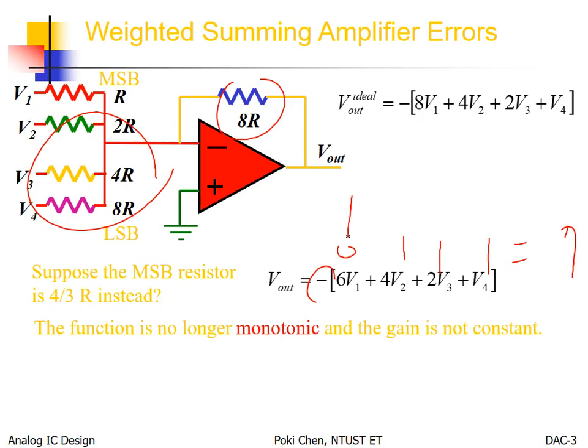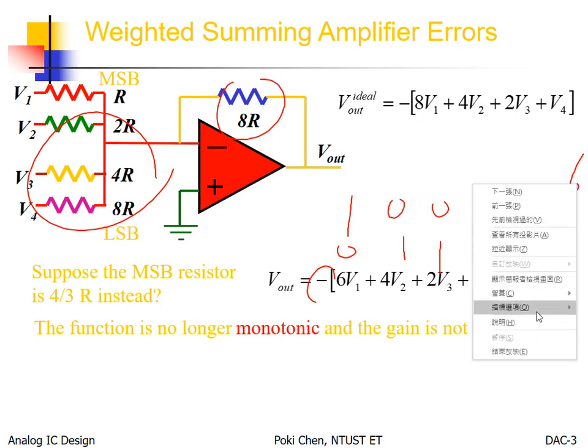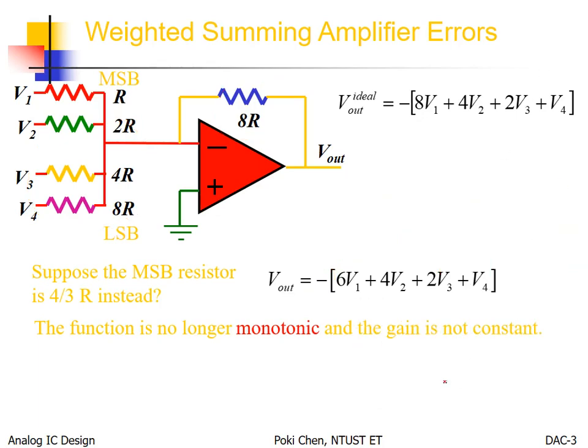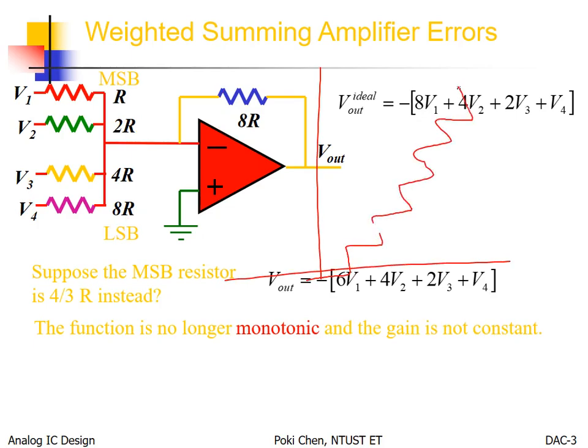It will become 1, 0, 0, 0. But sadly enough, you only get 6. So what is the output curve? From the beginning, 0, 1, 2, 3, 4, 5, 6, 7, then 6 again. Monotonicity is violated.